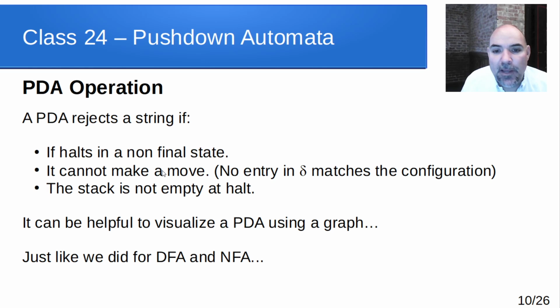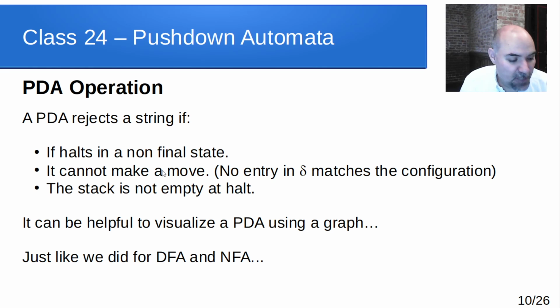In other words, there's no entry in delta that matches the configuration that the machine is in. So kind of like an NFA, where if we can't move to another state because there are no defined transitions, it immediately rejects. The same thing is true here. Or it's rejected if it stops and the stack is not empty when the machine halts.